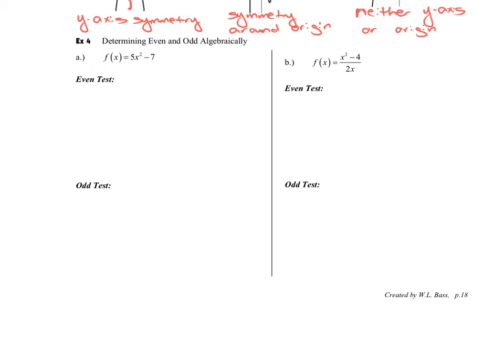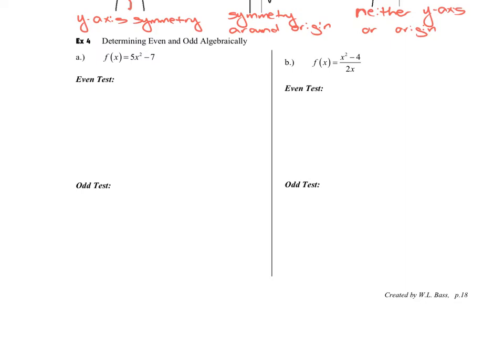So let's jump into example 4a. If you're thinking that this is going to turn out to be even because you're imagining a parabola that has been shifted just down on the y-axis, that's a good mental image to have. So let's keep that in mind.